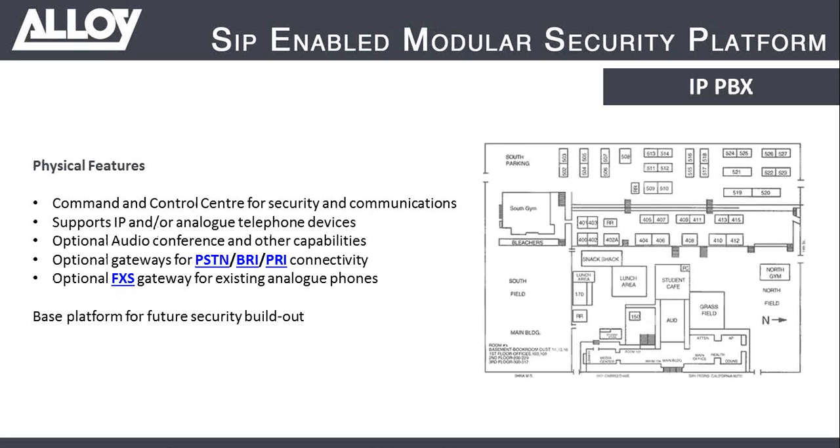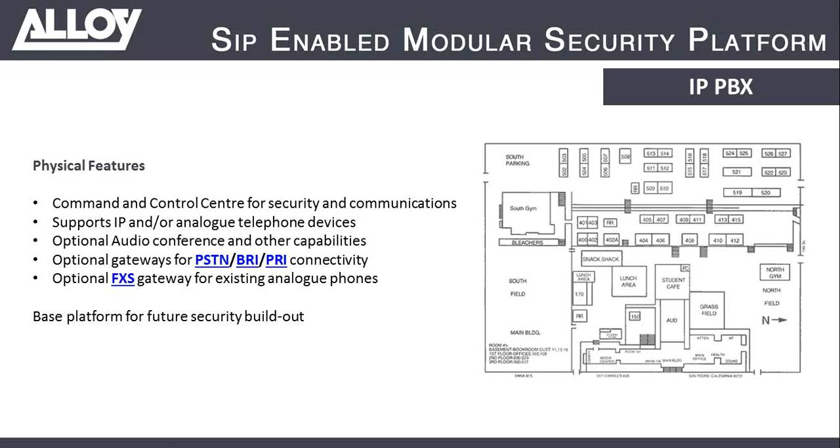So your PBX sits in the middle of this, and it's really the command and control center for security communications. Because all of the components we're talking about here are SIP enabled, all of them can register to a PABX and communicate through and via a PABX system. Now, PABX isn't necessarily mandatory. Some of these solutions can work in a standalone environment, but you'll see once we put the PBX in the middle, that this is where we start to deliver the real power of a communications and security platform.